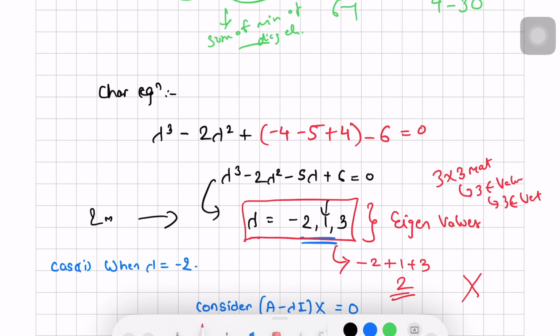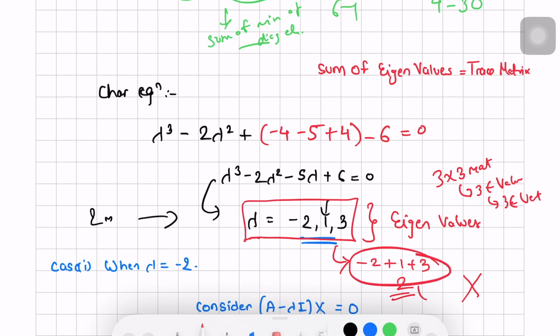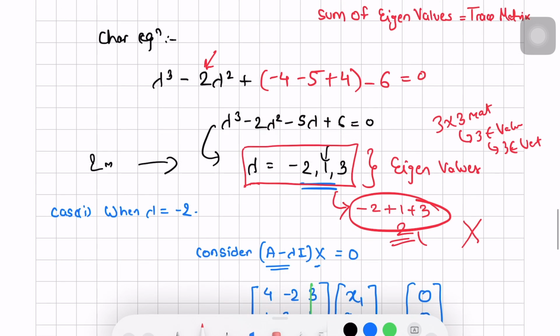So I'll just write down here: the sum of eigenvalues will be equal to the trace of the matrix. Here the sum comes out to be 2, which is our trace. If the eigenvalues came out to be 4, 0 and minus 2, then also the sum would be 2. Then how can it be correct?